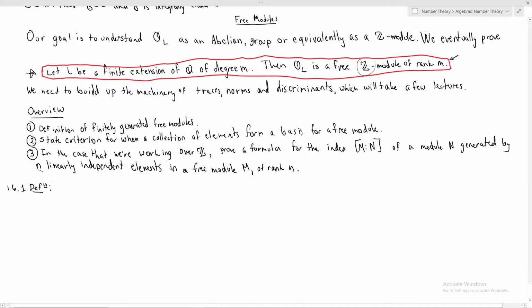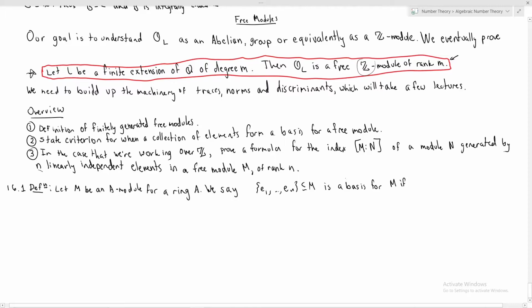Let M be an A module, for a ring A. We say E1 through En, some collection of elements of M, is a basis for M if 2 conditions hold.